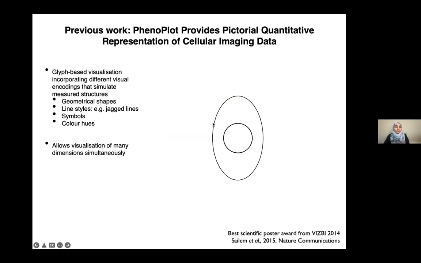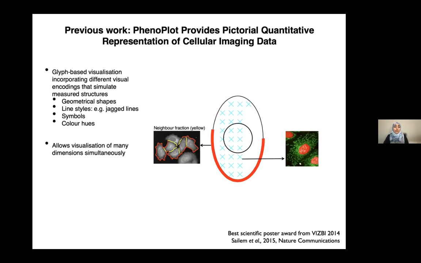I developed a tool called Phenoplot, basically to map data to structures, like an ellipse to represent the cell and its dimensions, and another ellipse for the nucleus. We can fill the ellipse with symbols depending on protein abundance, or the abundance of mitochondria or different organelles. To represent cell-to-cell adhesion, I overlay the border of the cell with a thick line, and another half ellipse to represent protrusions.